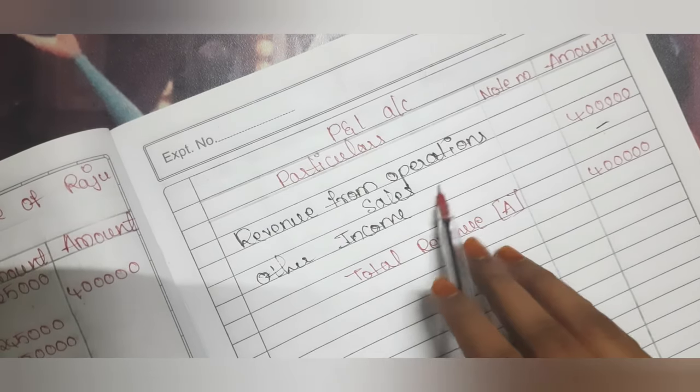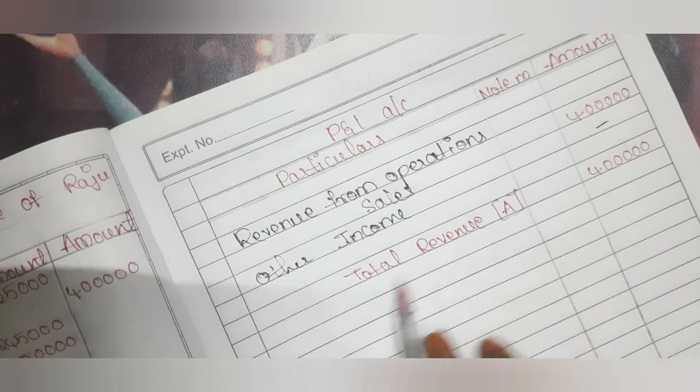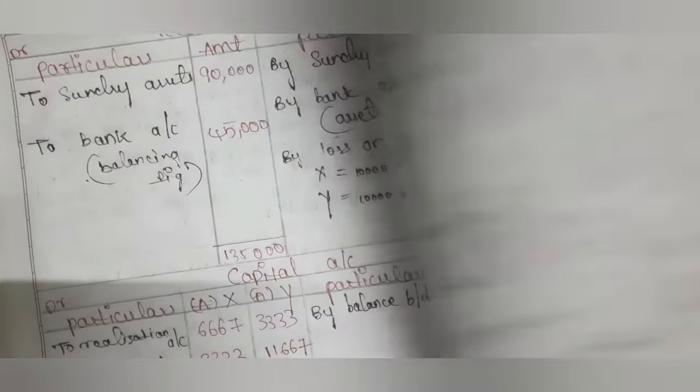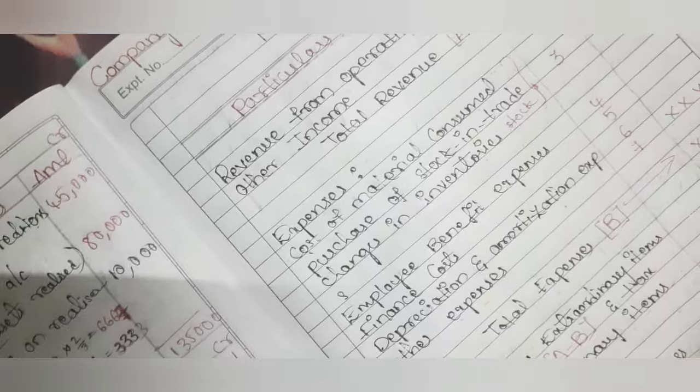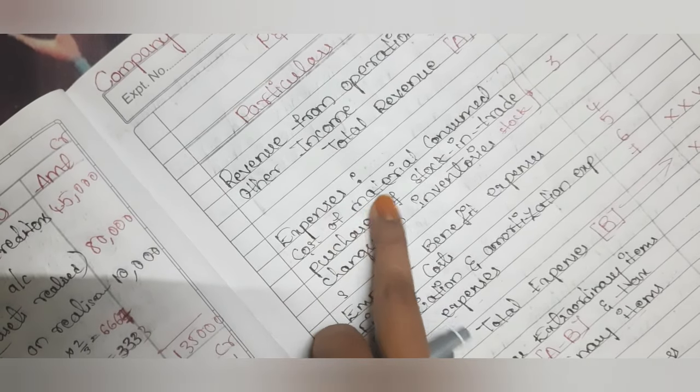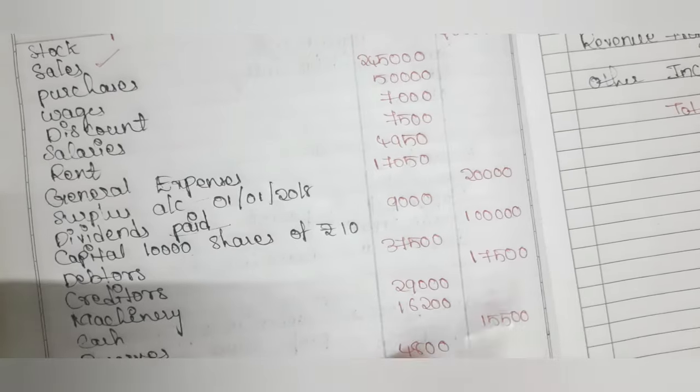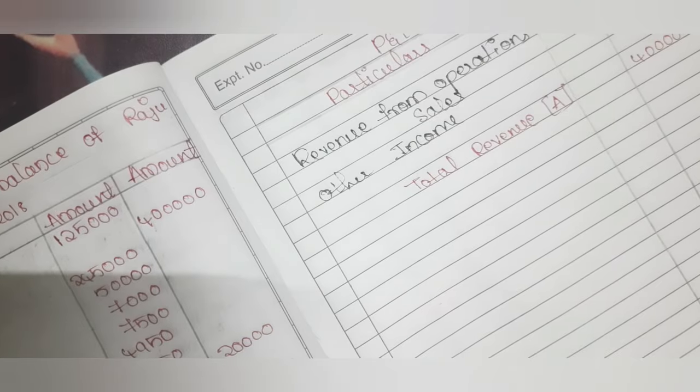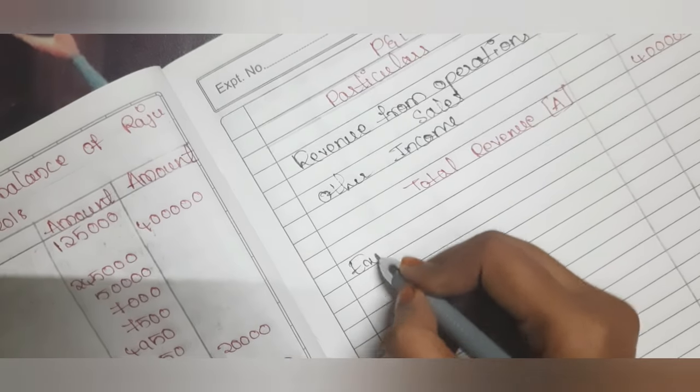Now, after revenue from operations, other income, total revenue, what we have in the proforma here? We have expenses, right? First, let us write expenses here.